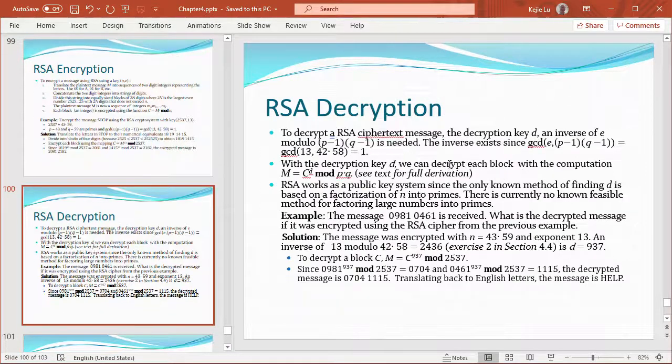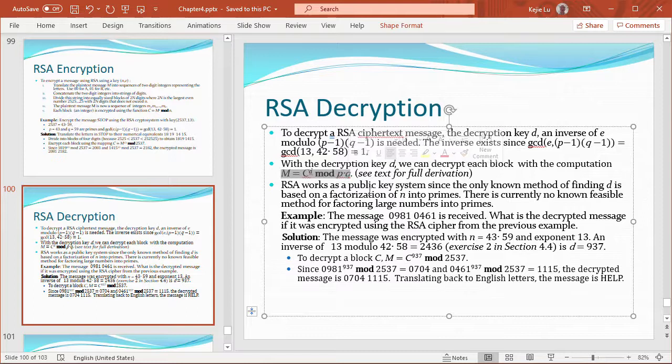And in a similar way, on the next page, page 100, you're going to find that the decryption is using a similar expression. That is m, the message we want to send, equals c, the message actually appearing in the communication channel, c raised to the power of d mod n.